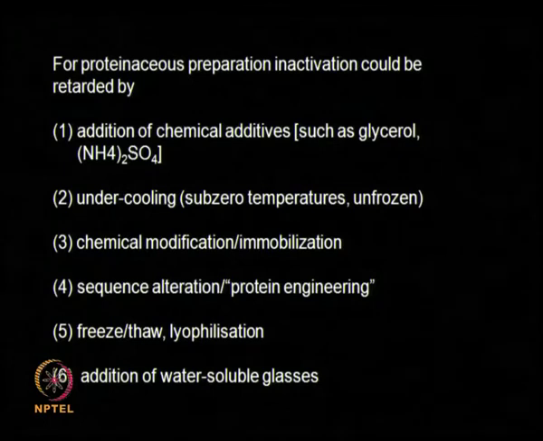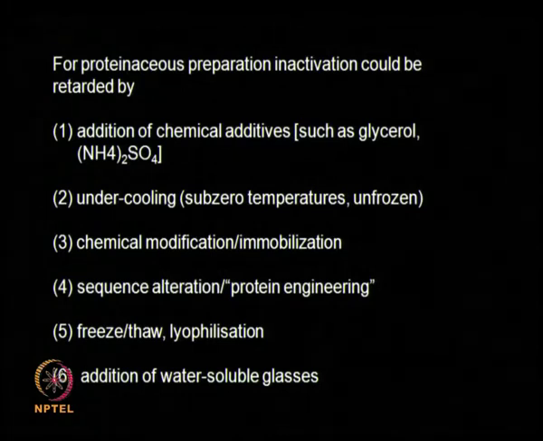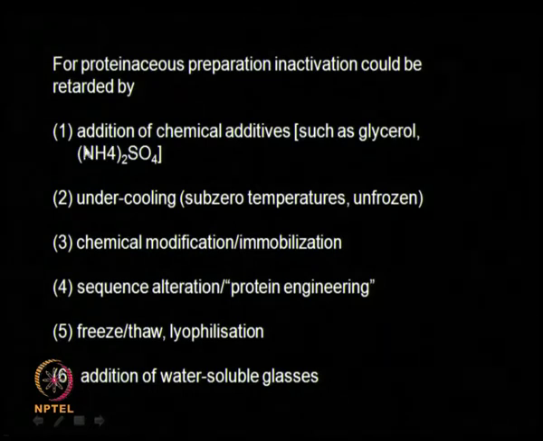So if you have proteinaceous material, you can retard the loss in activity by the addition of chemical additives such as glycerol, ammonium sulfate, or we can bring down the temperature, very low temperature, sub-zero temperature, or even make it frozen. We can even do chemical modification, that is immobilization.